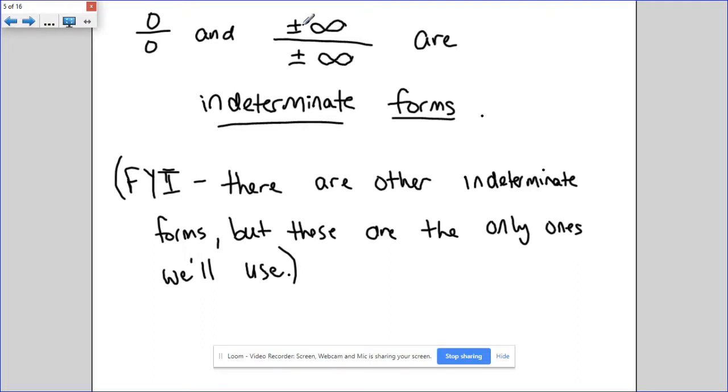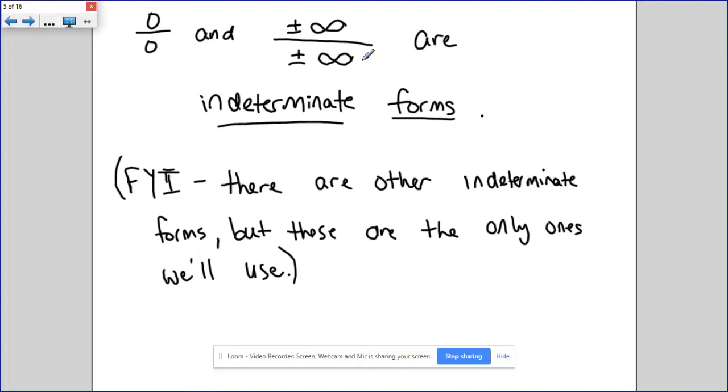It does not matter whether it's positive infinity over positive infinity, or positive infinity over negative infinity, or negative infinity over negative infinity. The sign of the infinity doesn't matter. The point is, if the top is infinite and the bottom is infinite, it's indeterminate.